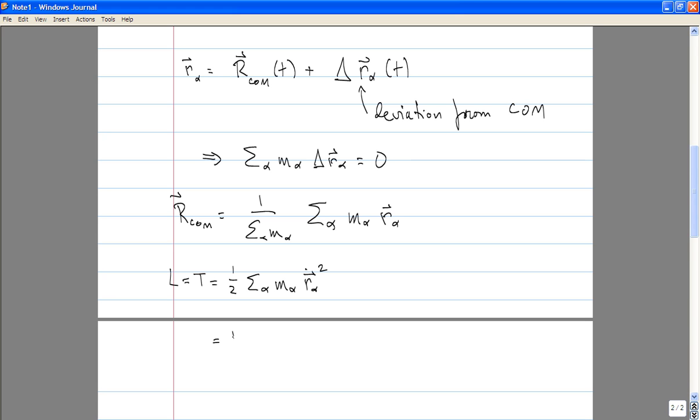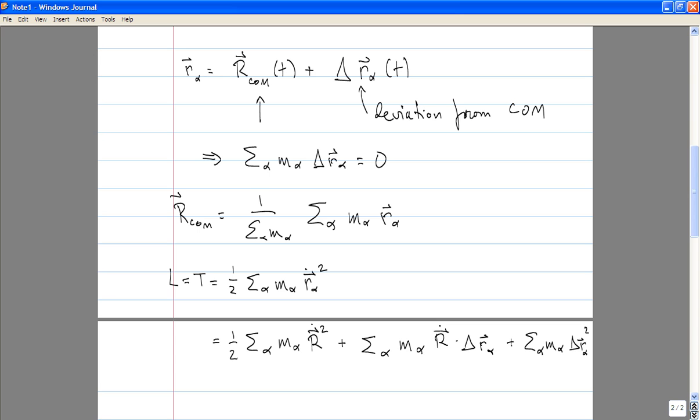So we have 1/2 the sum on alpha, m alpha times r dot squared, from this term right here, plus a term which is the sum on alpha, m alpha, r dot delta r alpha, plus a term which is the sum on alpha, m alpha, delta r alpha squared.